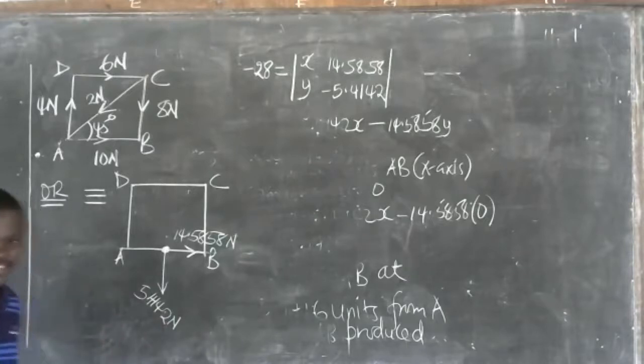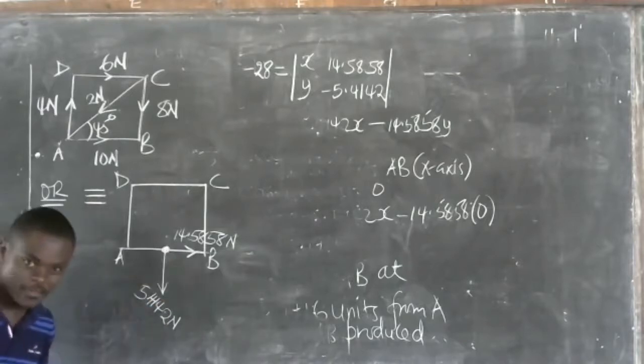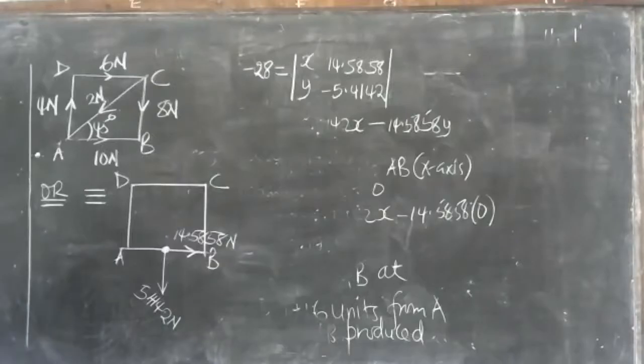Both components project from this point, and so should their resultant. Don't put the resultant diagonal.